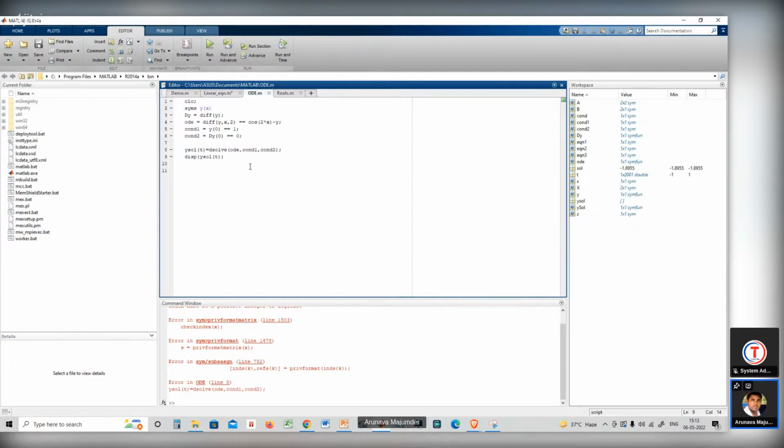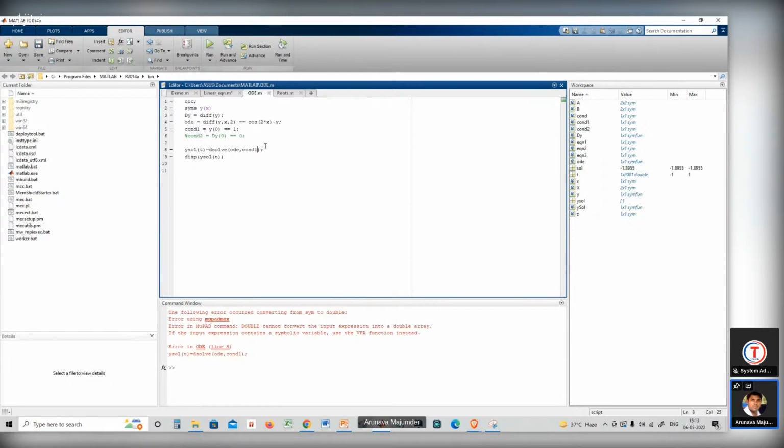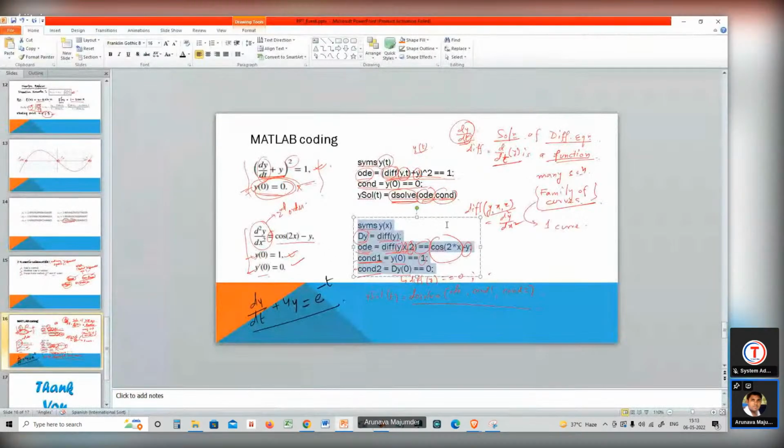There is a condition there. Okay, it cannot solve it, something is missing. Whatever, let's try another one. Maybe this equation is not solvable.